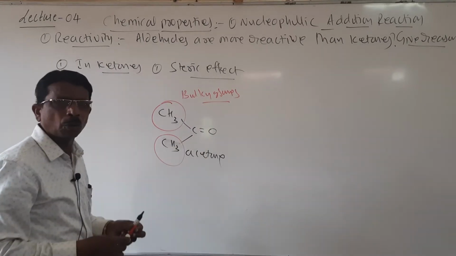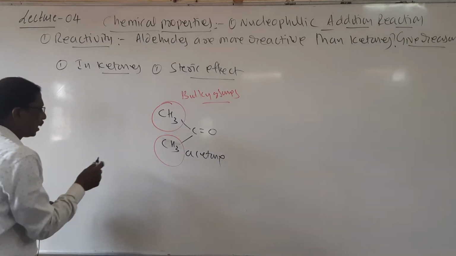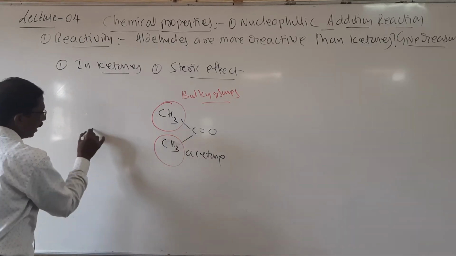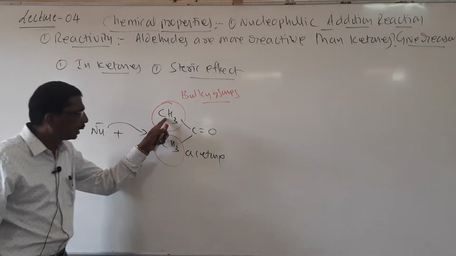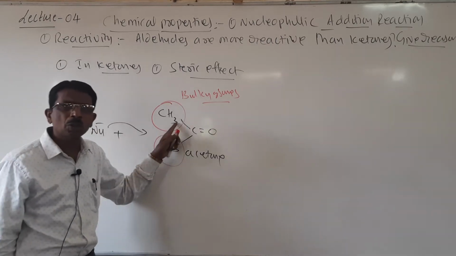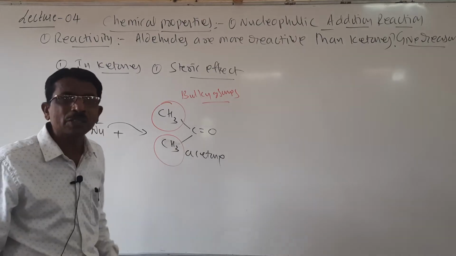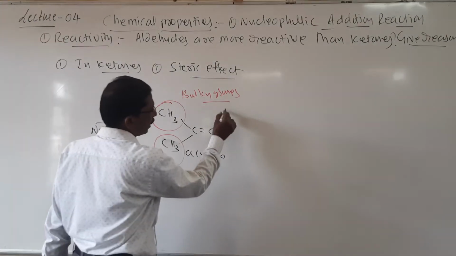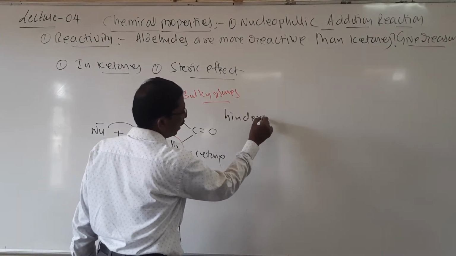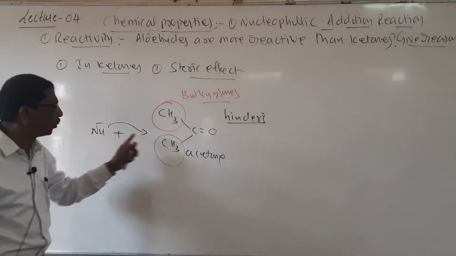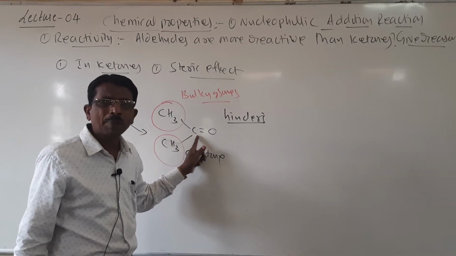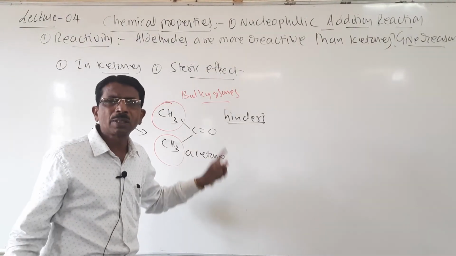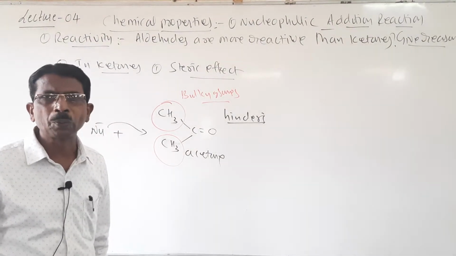Whenever the nucleophile attacks, these 2 bulky groups hinder the approach of the nucleophile to the carbonyl carbon of ketone, hence these are less reactive.